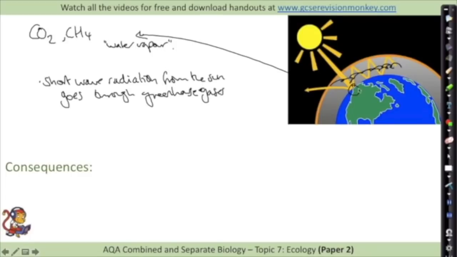But when it hits the Earth, that is reflected as long-wave radiation, and this does not get through the greenhouse gases. This is re-radiated back in all directions, including back to Earth. So it allows short-wave radiation through, but the long-wave radiation that's reflected from Earth is re-radiated.